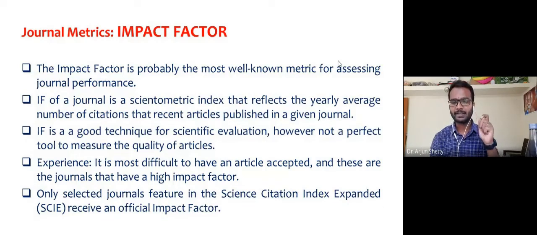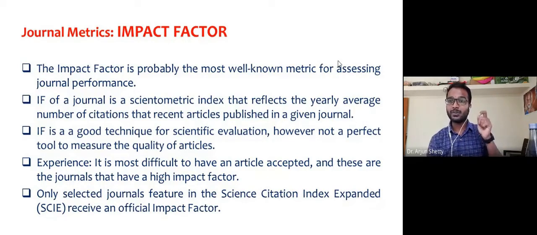The impact factor is a scientometric index. A scientometric index is nothing but a mathematical tool to evaluate the scientific as well as academic publications in a journal.